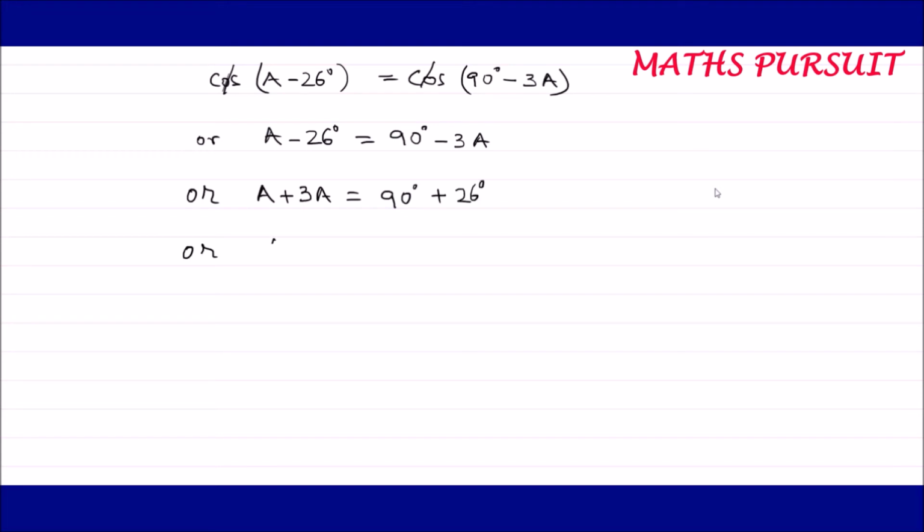Or I can write 4a is equal to 116 degree, so a is equal to 116 degree upon 4, or a is equal to 29 degree.